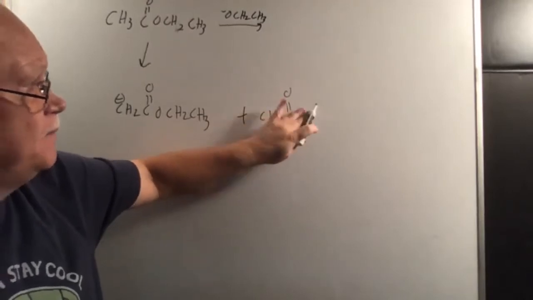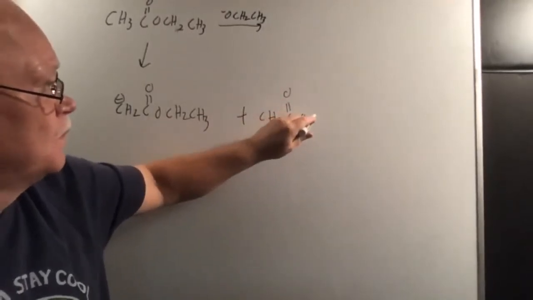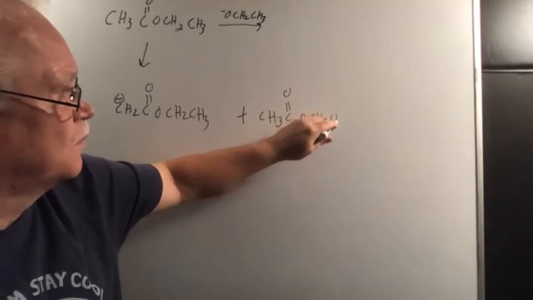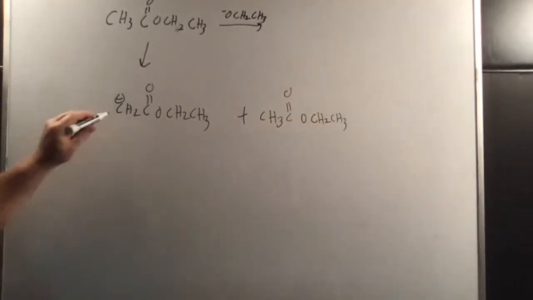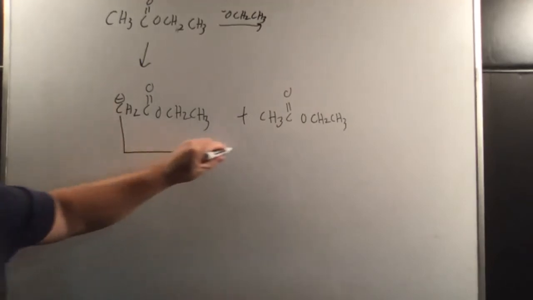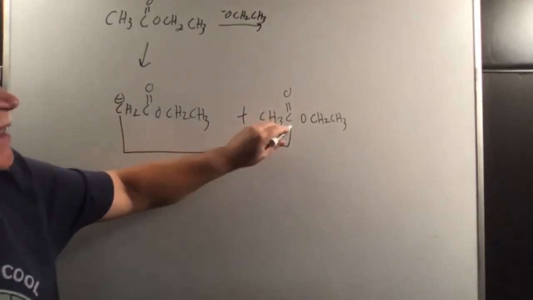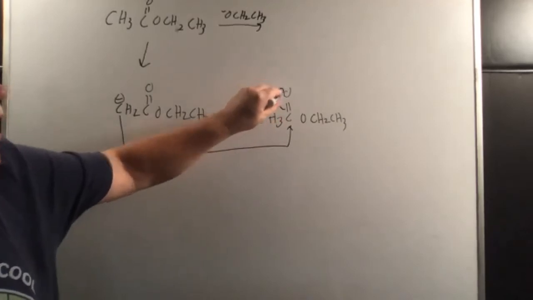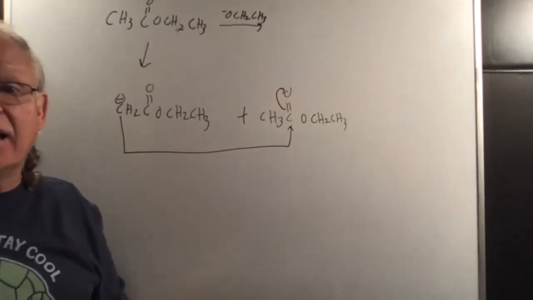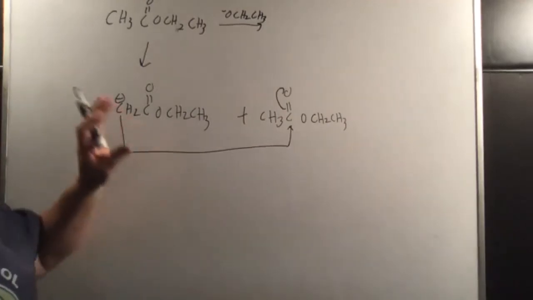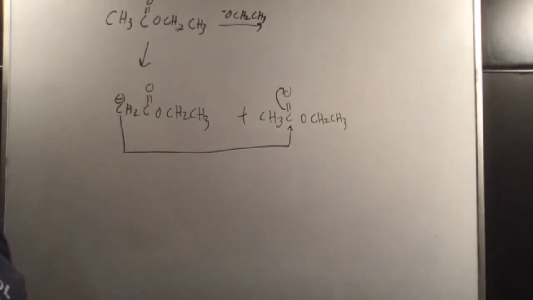And again, this behaves as a nucleophile. So this goes in, backside attacks here, kicking up the pair of electrons, exactly the same thing it did when it reacted with the ketones.